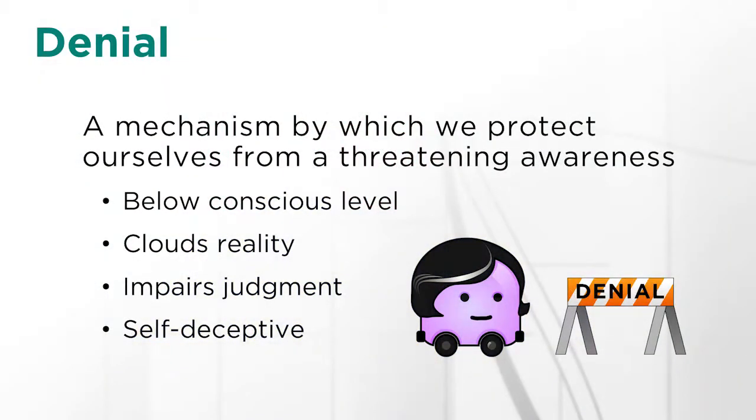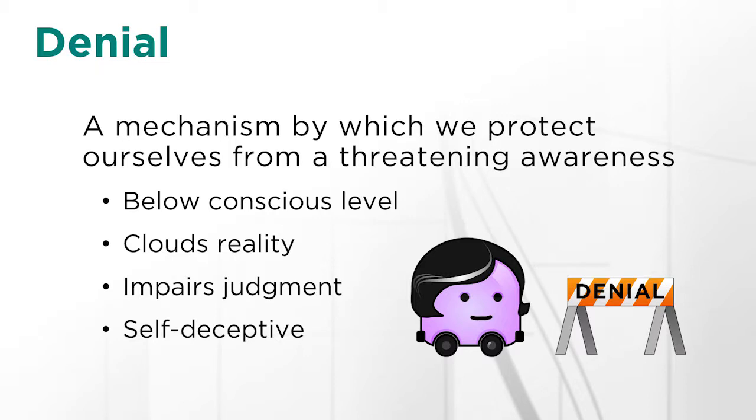Let's start with the definition. What is denial? Denial is a mechanism by which we protect ourselves from some threatening awareness about ourselves, someone else, or a situation. Denial lives below the level of conscious awareness.